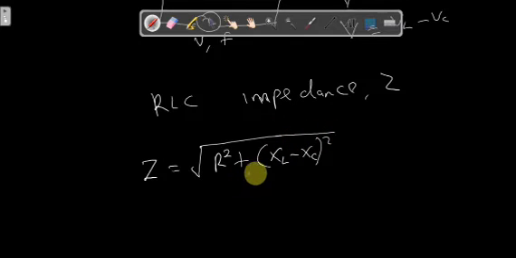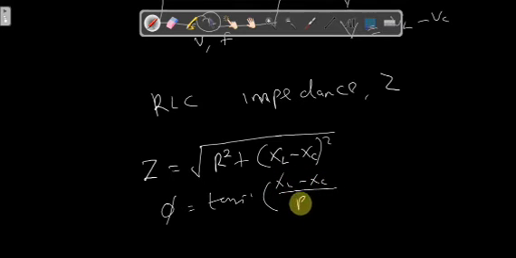So you see that in terms of this, this is the reactance of the inductor, and this is the reactance of what? The capacitor. And the phase difference will be equal to arctan of XL minus XC divided by R. Okay, let me just draw the phasor diagram in terms of impedance.